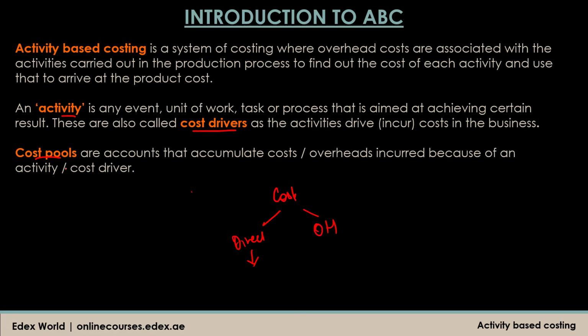And the accounts where these costs are incurred or accumulated, let's say if you're talking about salary, so the purchaser's salary becomes the cost pool. Cost pools are accounts that accumulate cost or overheads whenever they are incurred, while cost drivers, in this case, the process of ordering a raw material, whatever quantity is required, that entire process is called the cost driver. Placing the order is the cost driver.